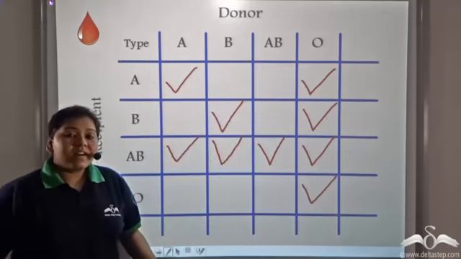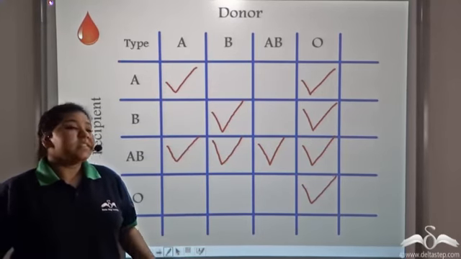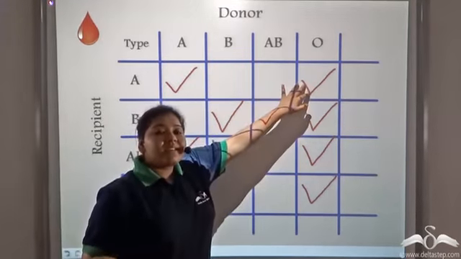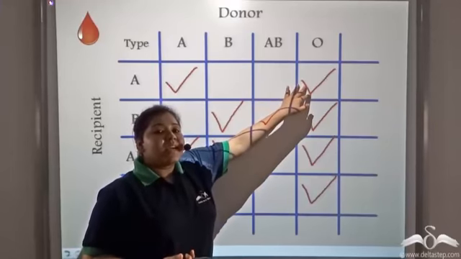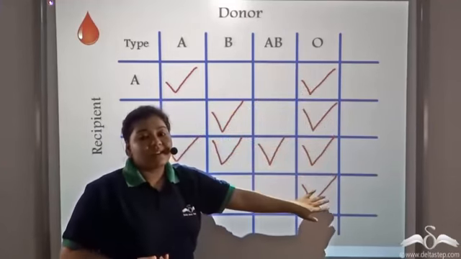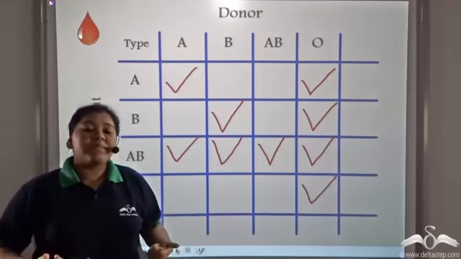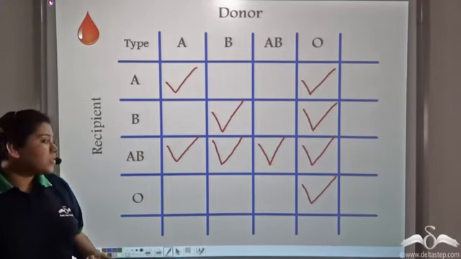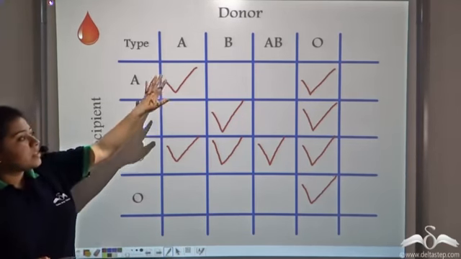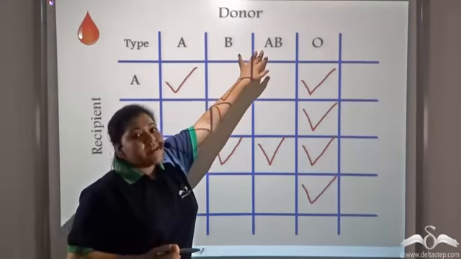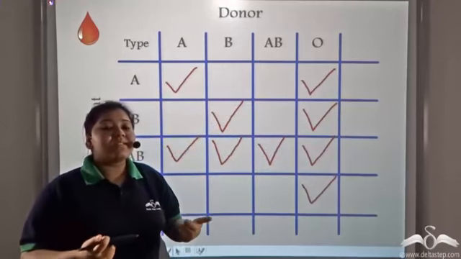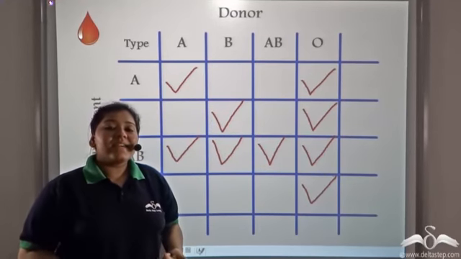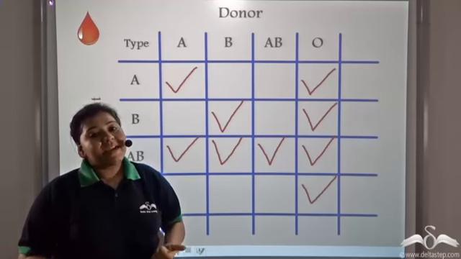So from here, you can see that a person carrying O blood group is a universal donor. That is, he can donate blood to every human being. And you can also see that a person who has the AB blood group is the universal recipient. That is, he can take blood from every human being.